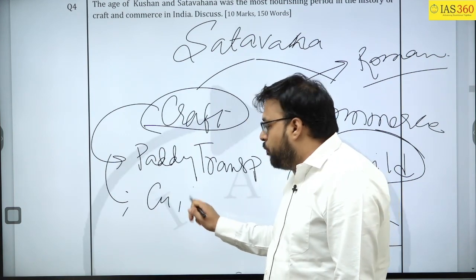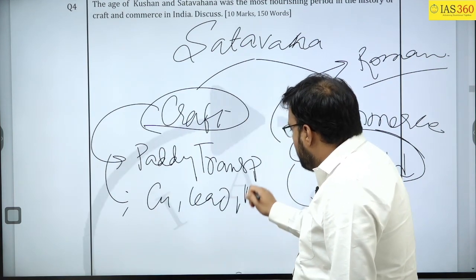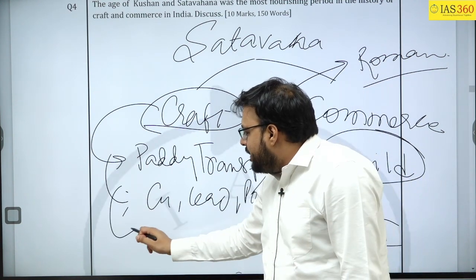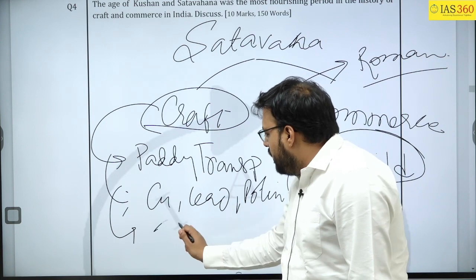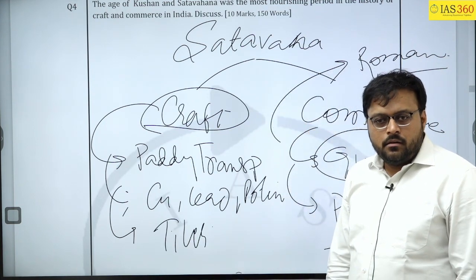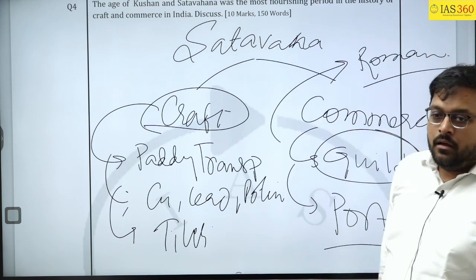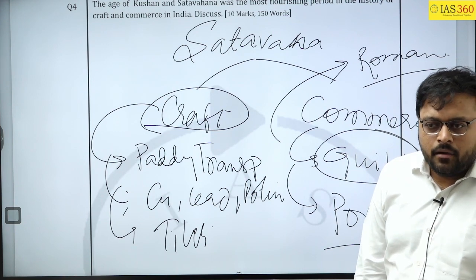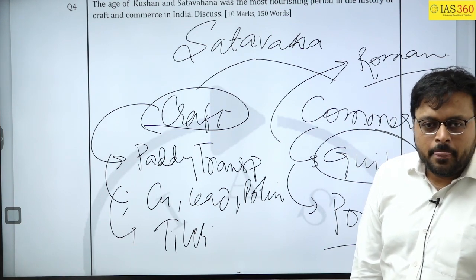Copper, lead, potin. Then they were materialistic. Therefore, they were using perforated tiles in their houses. So these were the crafts of the Kusan, of the Satavahana period. Clear?